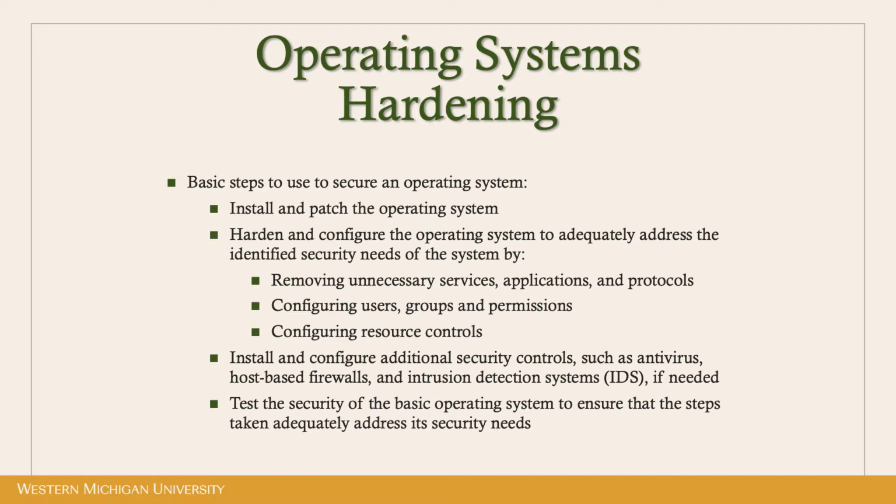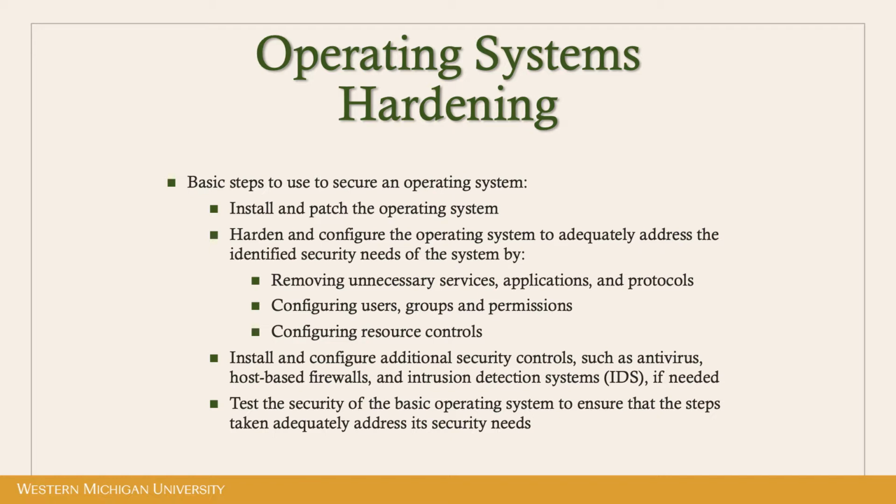As soon as we install, don't start putting your applications on. Patch that thing up. Apply updates and patches. We'll harden and configure the operating system to address the identified security needs by removing unnecessary services, applications, and protocols. If I've got FTP running on the thing, but I never have to have anyone FTP into it, get rid of it. If Telnet's running, get rid of it. Only keep what I actually need.